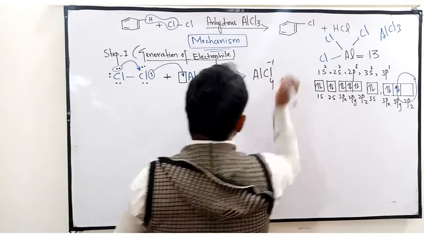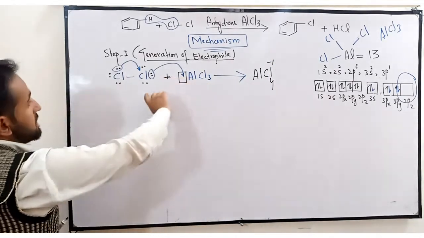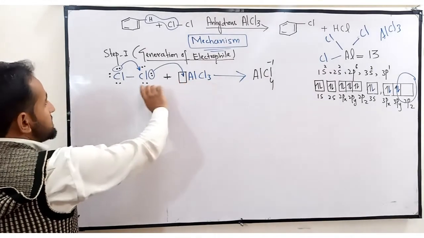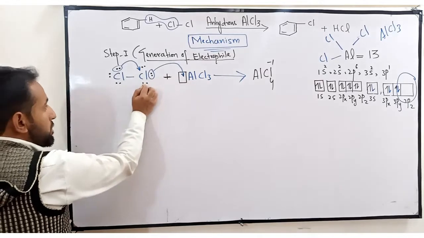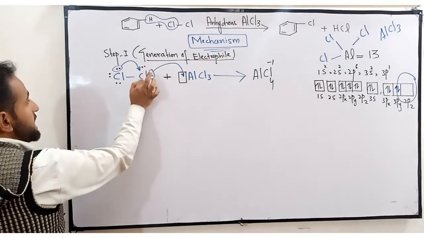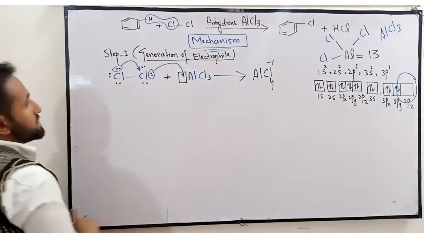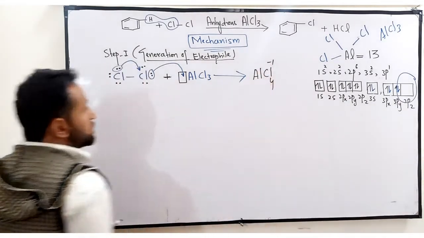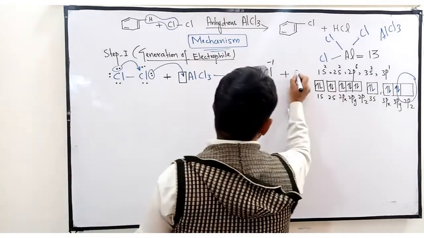AlCl4 minus 1. Why does the minus charge come here? Because this aluminum makes bonds with this chlorine atom, and this chlorine atom attracts the electron from the other chlorine atom. That's why here is Cl negative, plus there will be Cl positive.